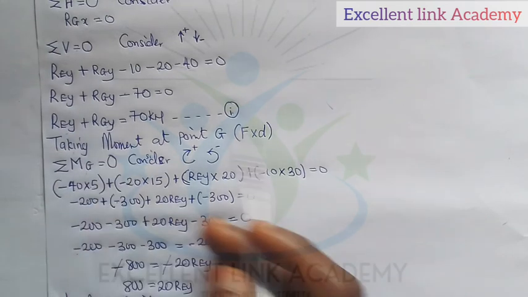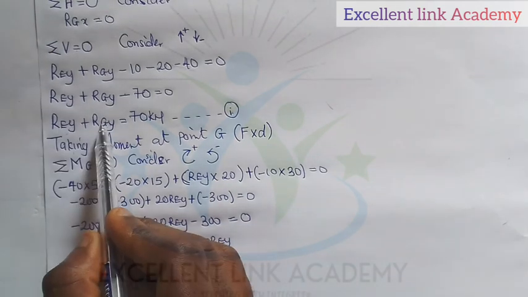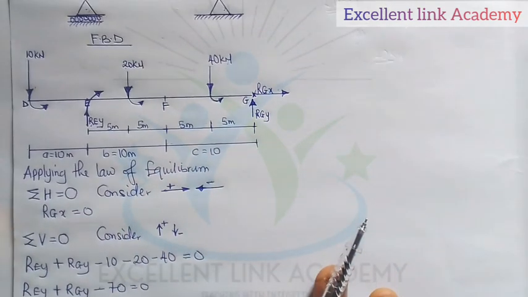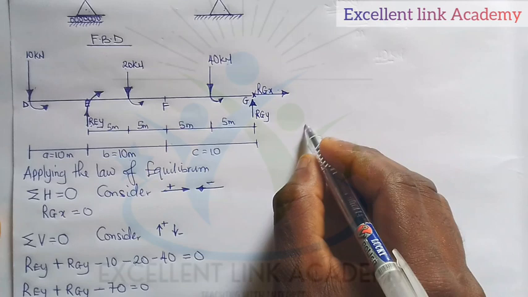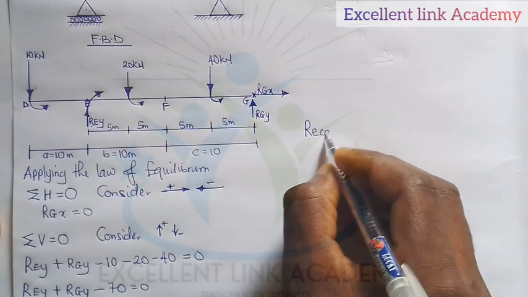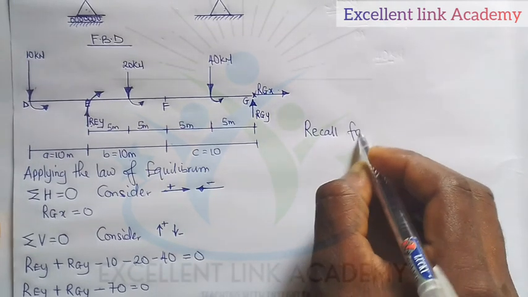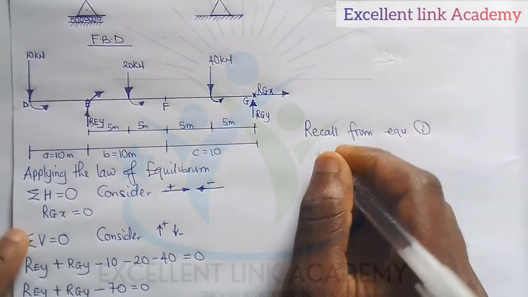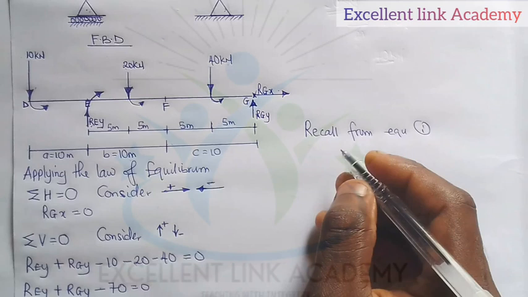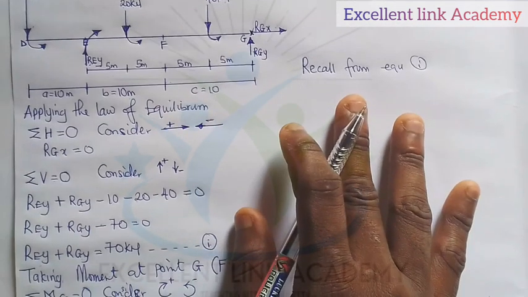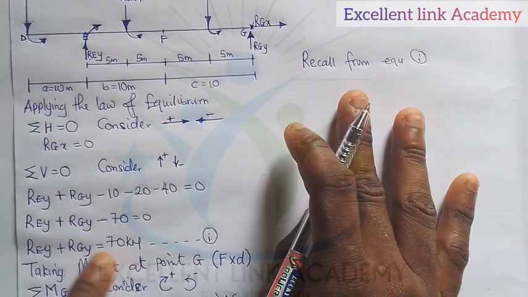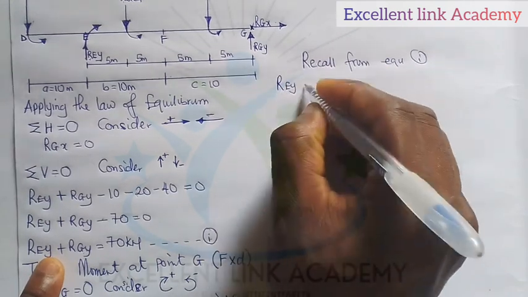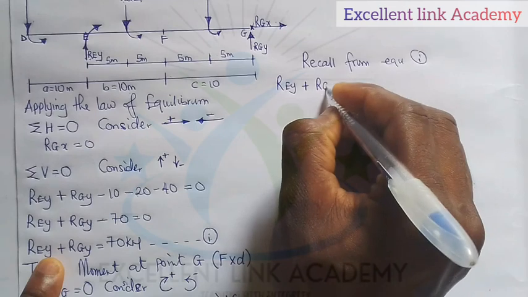So we have gotten REY. Let's get RGY. So recall from equation 1 that says what? What's my equation 1? This is my equation 1. Let me show you. That becomes REY plus RGY is equal to 70 kilonewton.